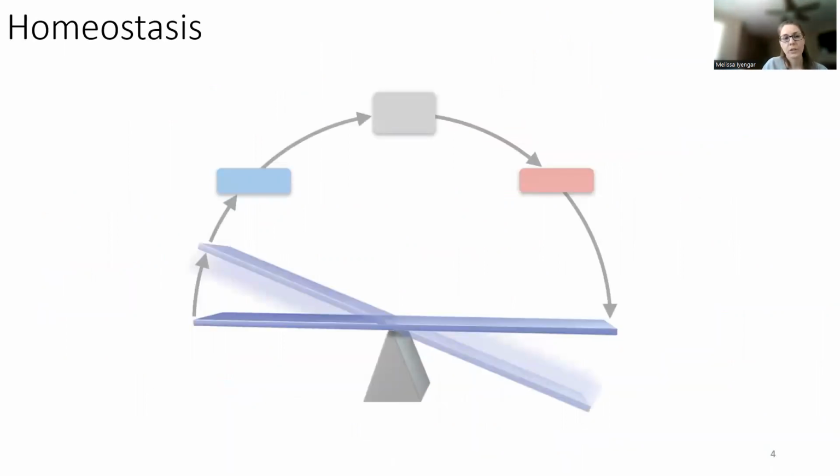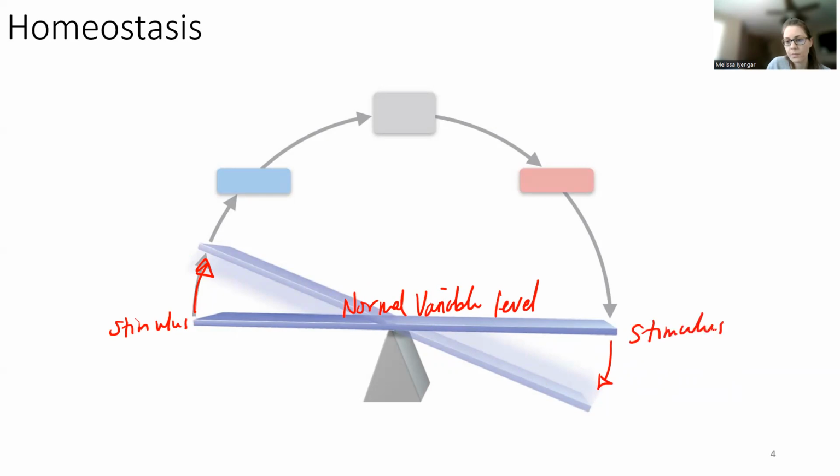There are a couple of ways that you can understand homeostasis. One of them, in one of the textbooks, draws it as a seesaw effect, where if this is your normal level or range, you'll have a stimulus that's either going to increase or decrease your normal variable level.